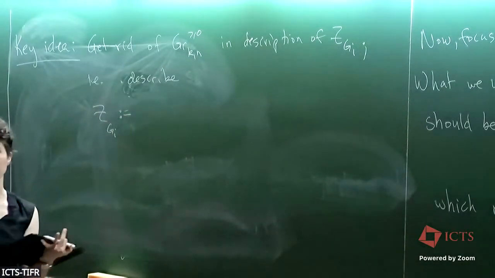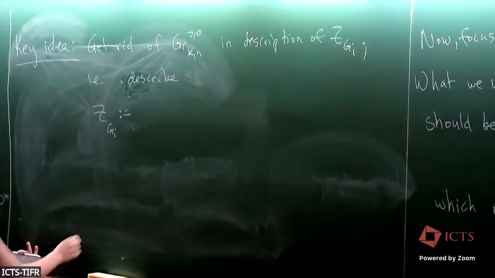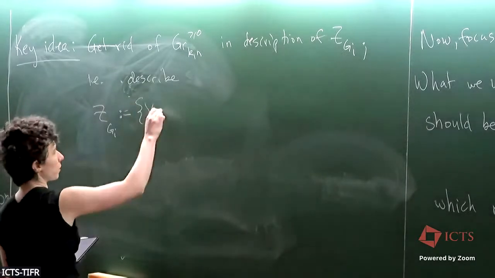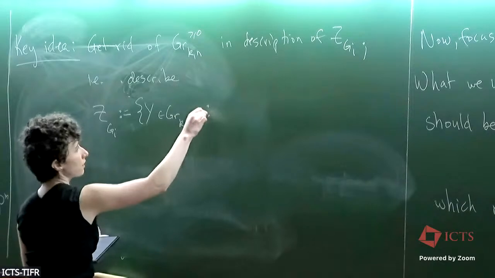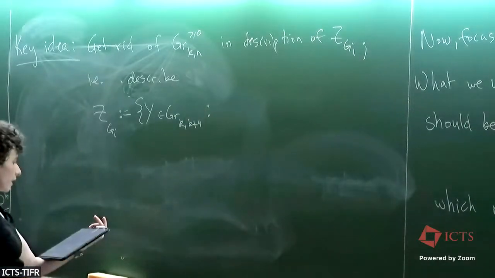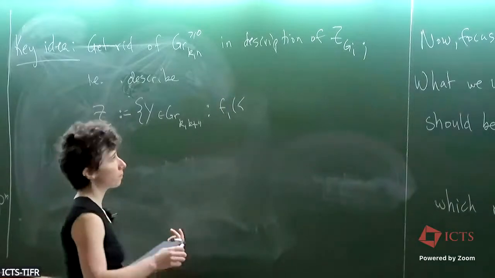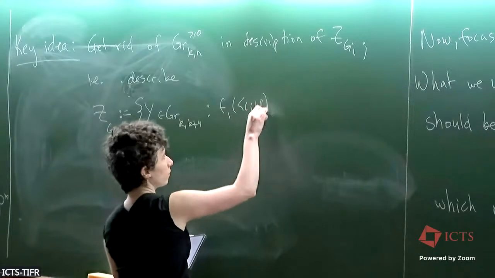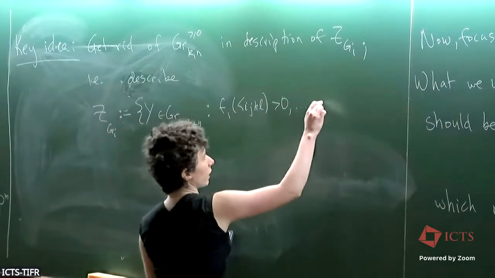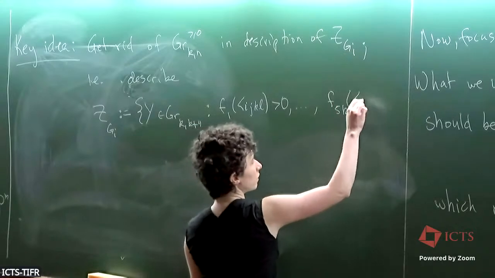So just talk about what they look like inside of Gr(k, k+4), which is where they live. The description we'll give is that these tiles are just those points in Gr(k, k+4) where certain polynomials are positive. And you need 5k polynomials, it turns out.